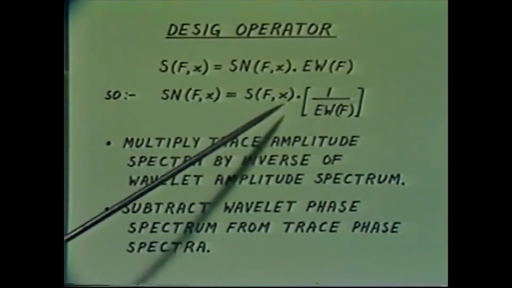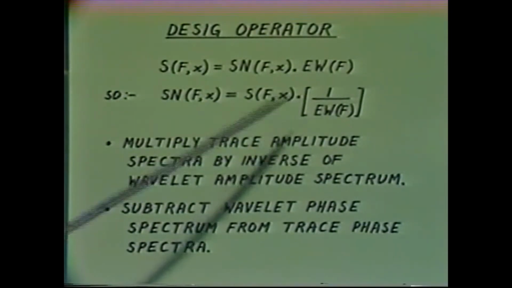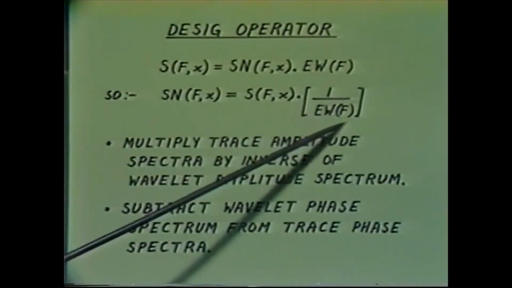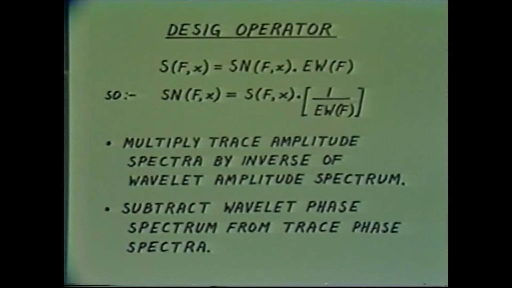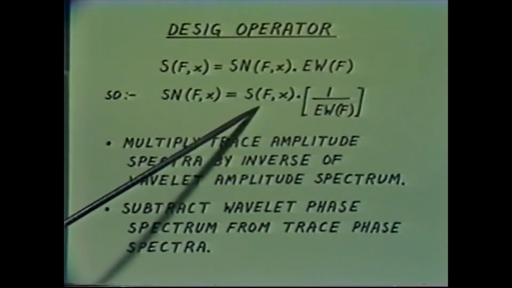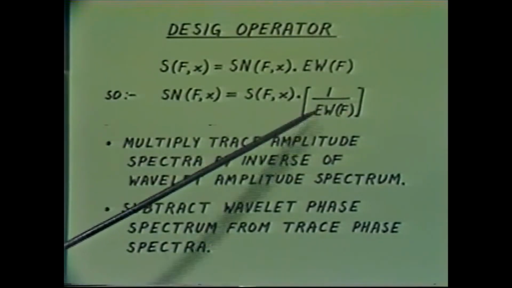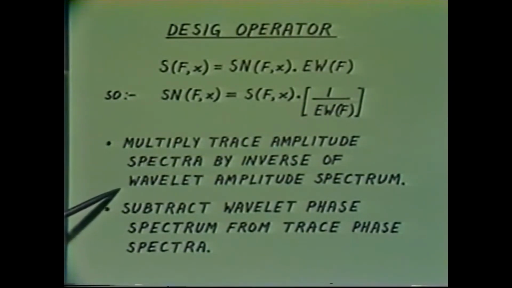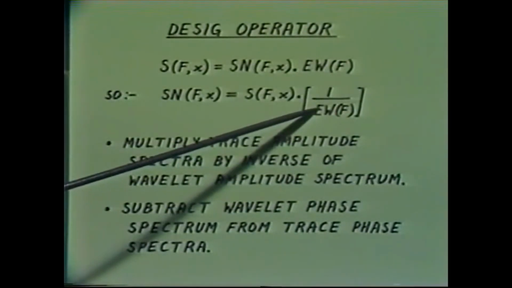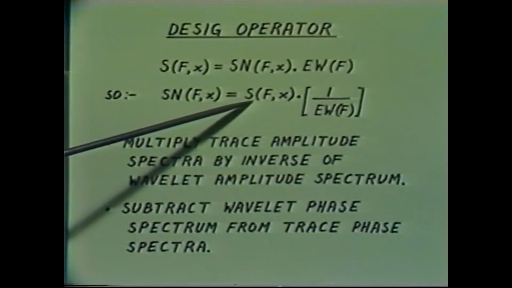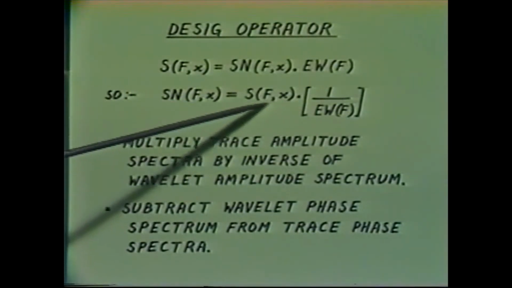Now, looking at how we accomplish this multiplication in terms of amplitude and phase spectra, remembering this represents a complex spectrum, this complex multiplication simply means that we multiply the trace amplitude spectrum by the inverse of the amplitude spectrum of the effective wavelet, and we subtract the phase spectrum of the effective wavelet from the phase spectrum of each trace on the record.